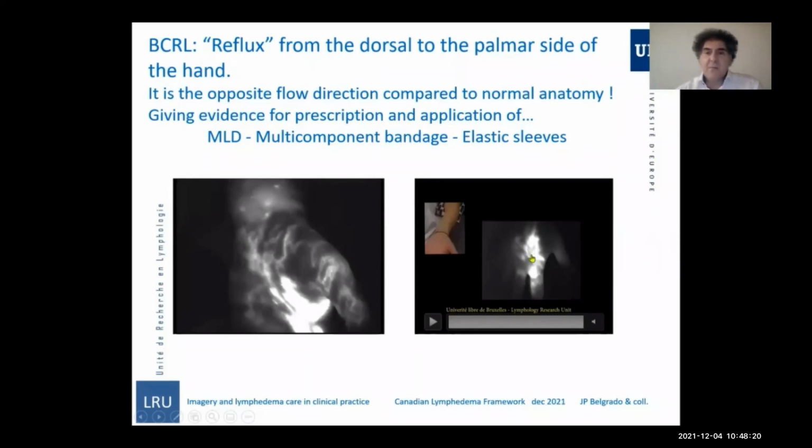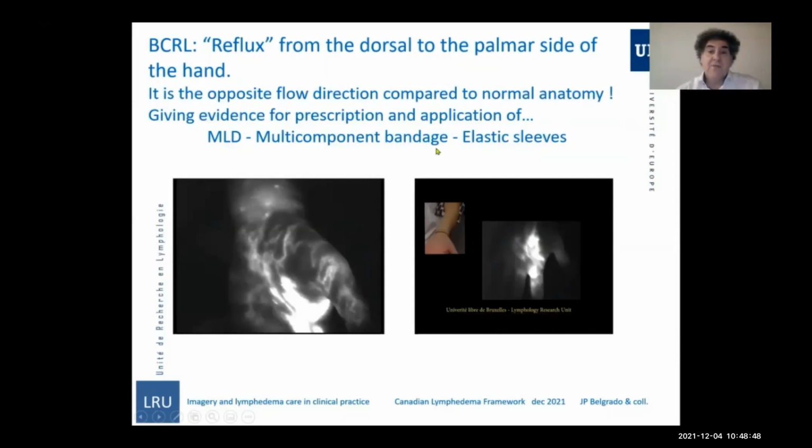Now, this information is necessary for the doctor and for the therapist. For the doctor, having the information that there is reflux in the hand, there can be the prescription of the elastic sleeve, and this could possibly concern the hand. And so the physician may advise in these cases to cover the hand as well with the elastic sleeve.